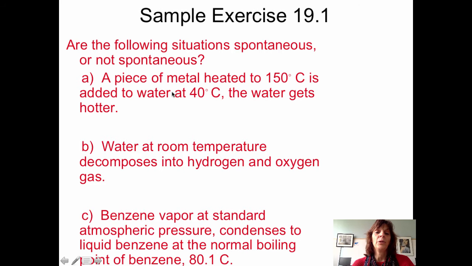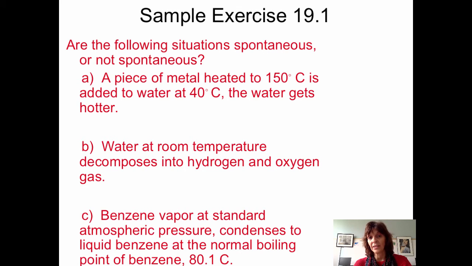First, if you add a piece of hot metal, 150 degrees, to 40-degree water, the water is going to get hotter. Heat is going to transfer from high energy to low energy. It's going to warm that water up. Write down whether you think that's spontaneous or non-spontaneous. B, water at room temperature decomposes into hydrogen and oxygen gas.